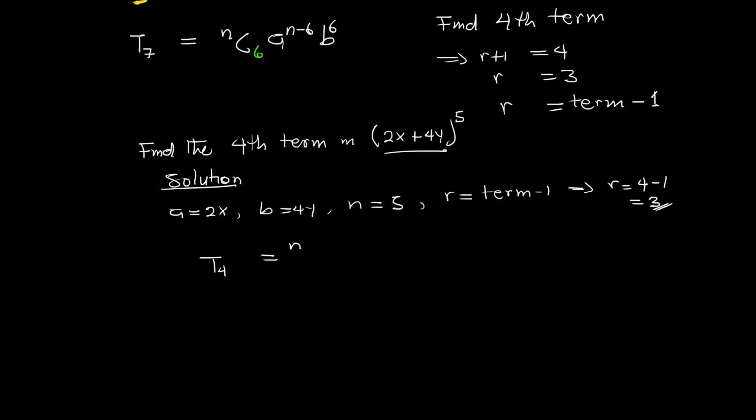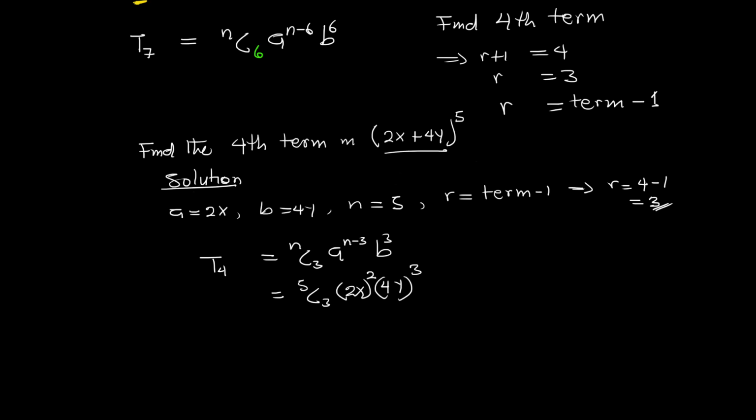T4 is nC3 a to the n minus 3, b to the 3. Doing the substitution, we have 5C3, a is 2x, so we have 2x to the power 5 minus 3, which is 2, and b is 4y, raised to the power 3.